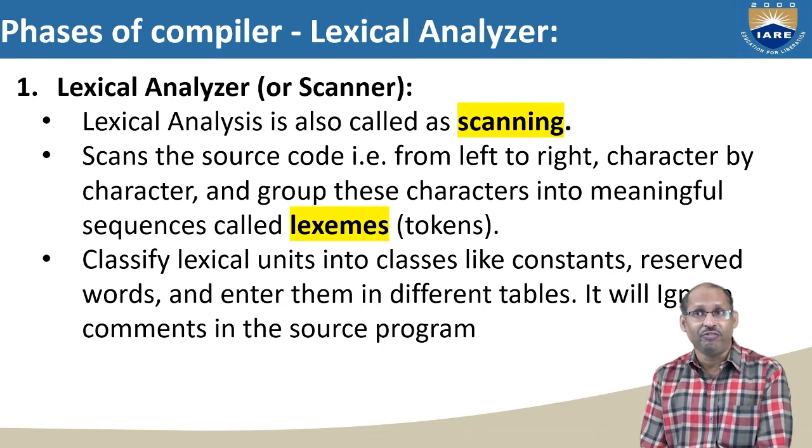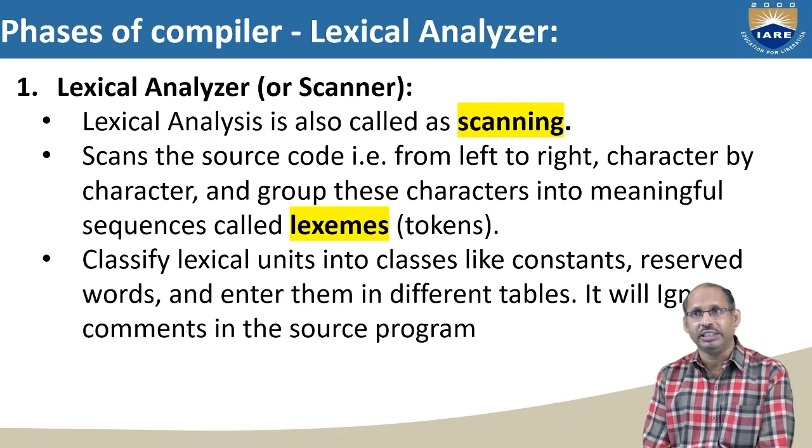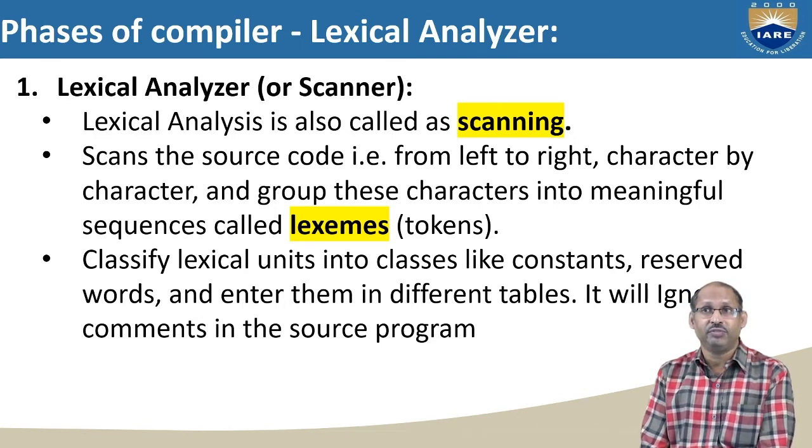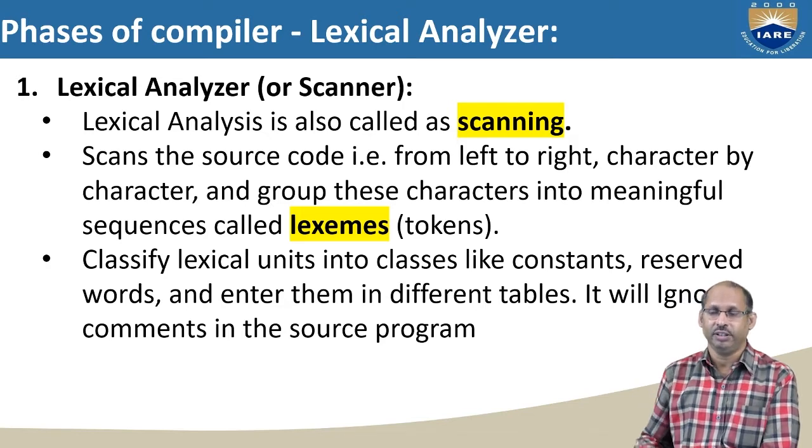So whatever information is stored in the symbol table is used by every phase and updated by every phase of a compiler. Most of the symbol table is filled by the lexical analyzer, and later it will be added to or updated with additional information by the remaining phases of a compiler, right?